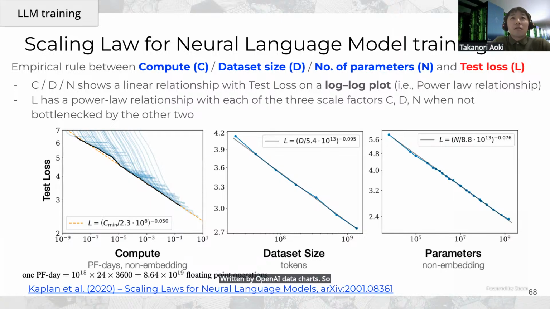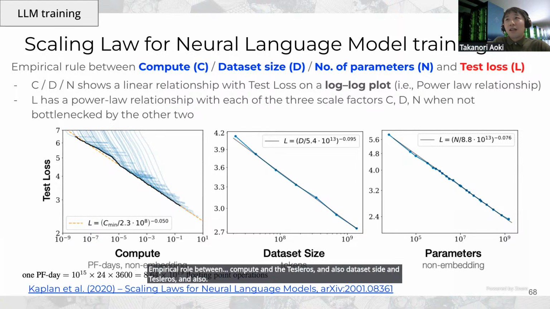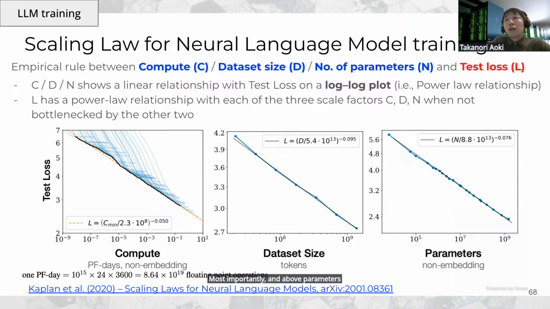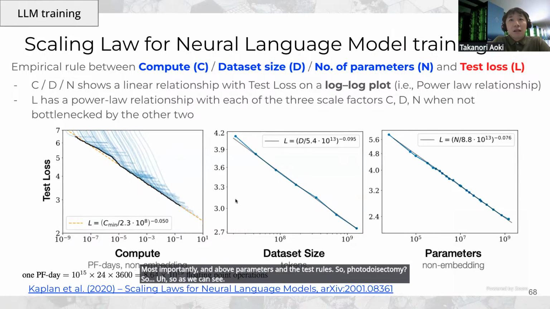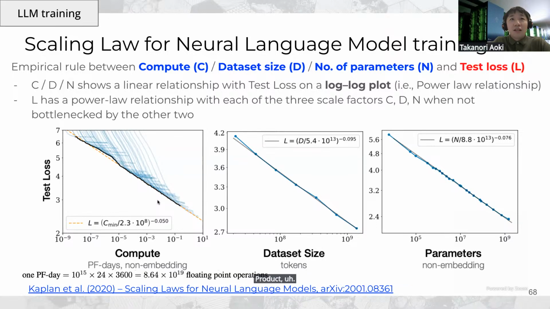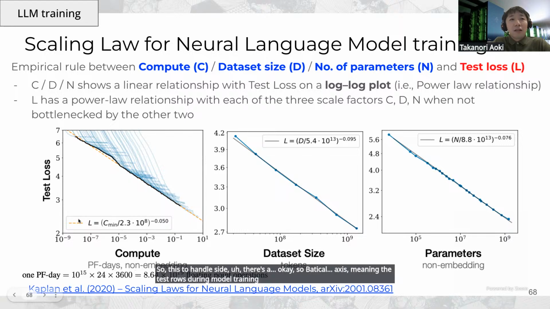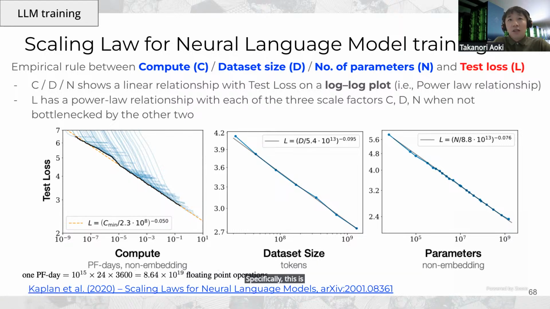So what is scaling law? That is an empirical rule between compute and test loss, and also dataset size and test loss, and also most importantly, number of parameters and test loss. So what does it mean? As we can see in these three plots, we see a kind of linear relationship in each. On the left-hand side, the vertical axis is the test loss during model training, specifically the cross entropy loss.